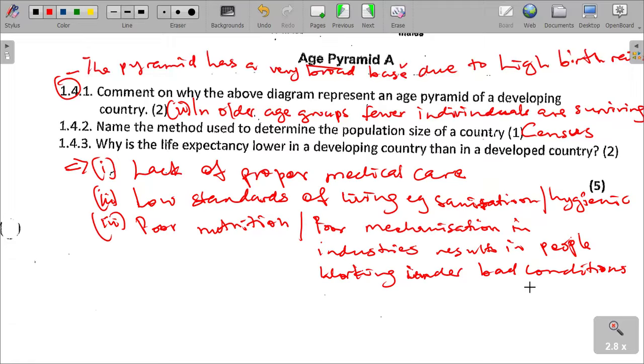So these conditions might affect the living standards or life expectancy of our people. People can end up dying early because of such conditions. So we need to understand the characteristics of developing and developed countries.